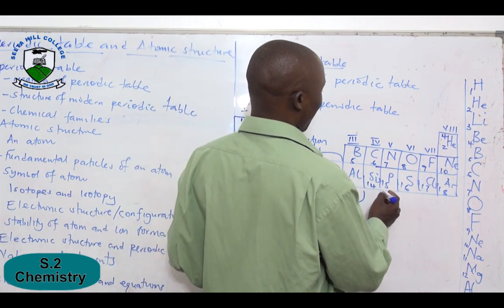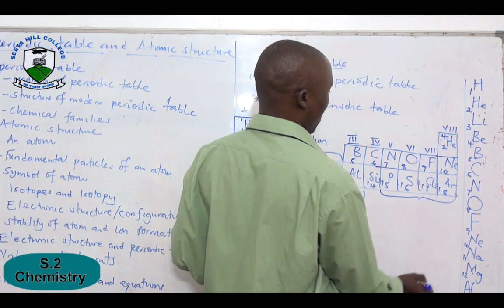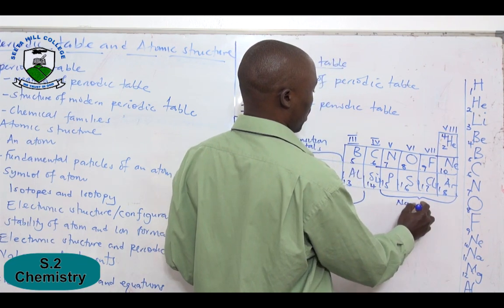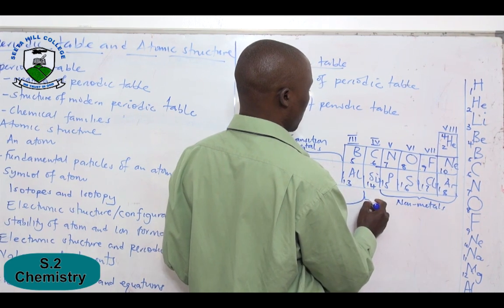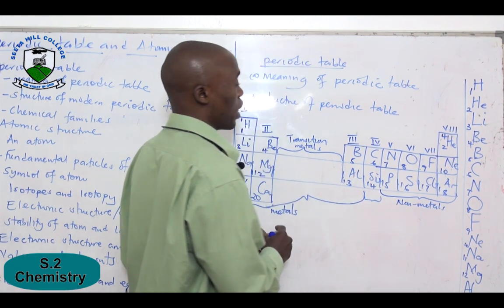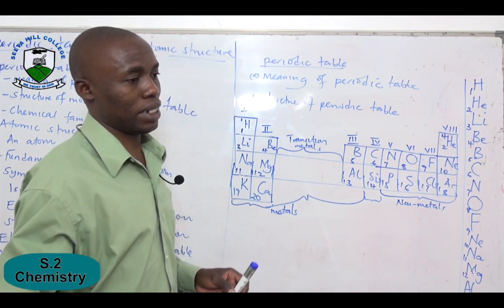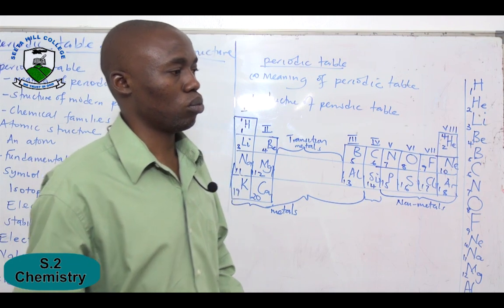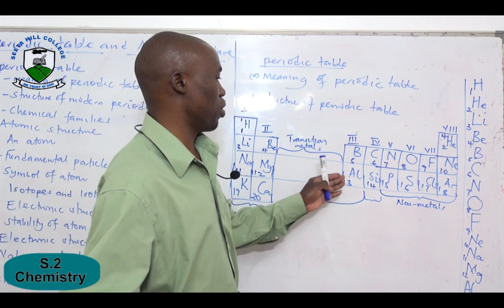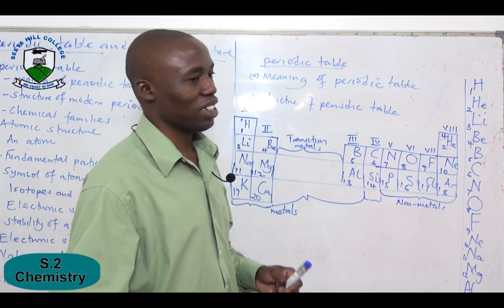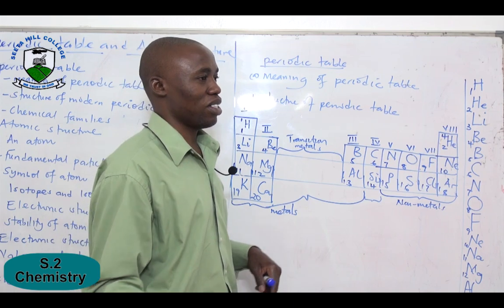Then up to there, these are what? Non-metals. But there is one in the middle, because you have 8 groups, and 4 is in the middle of 8. Because they are between metals and non-metals, they have properties between metals and non-metals.